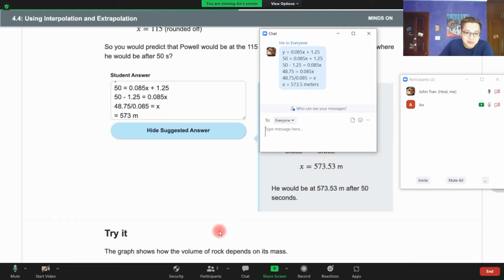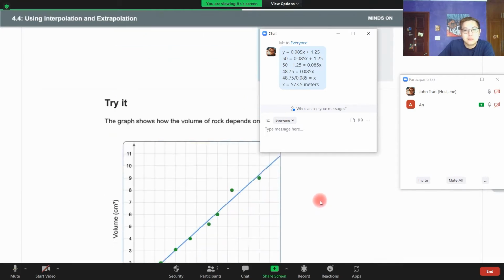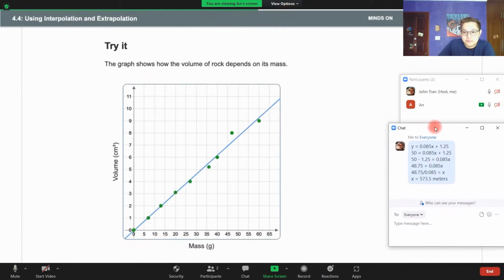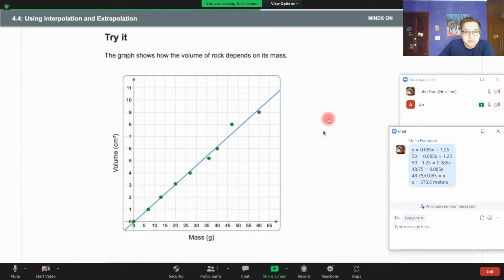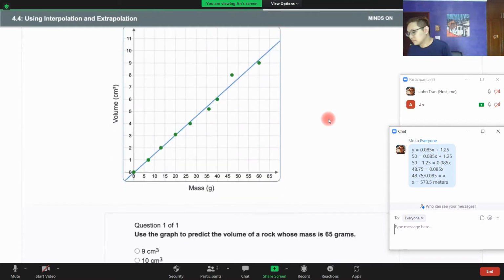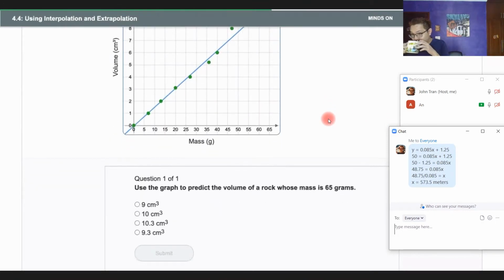The graph shows how the volume of a rock depends on its mass. Use the graph to predict the volume of a rock whose mass is 65 grams.